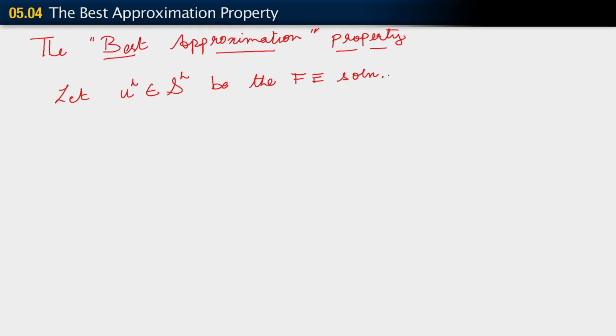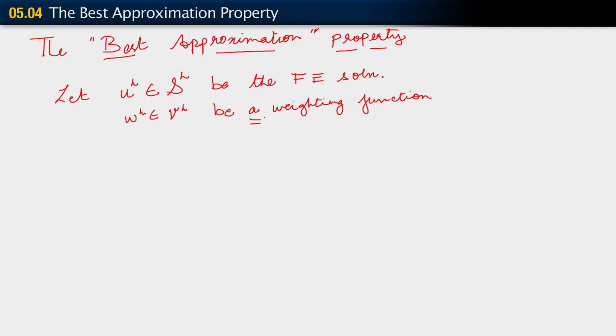And let wh, as we've been doing also, belongs to Vh, be a weighting function. Note that I'm saying it is a weighting function, and the idea is that we are going to consider any weighting function living in Vh.